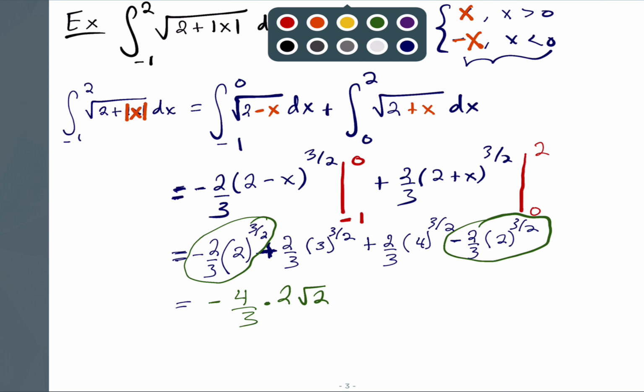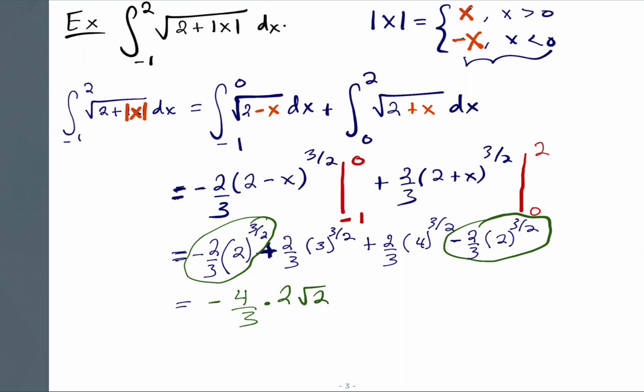Okay. And then, let's see. I can't combine those guys, but I can reduce the 3 to the 3/2. What is that going to turn out to be? 2√3, right? 2 square root of 3, because you subtract the exponents. So you end up with 2√3.